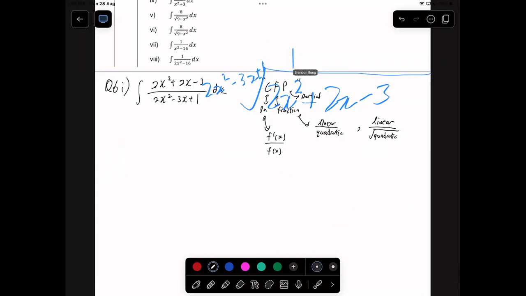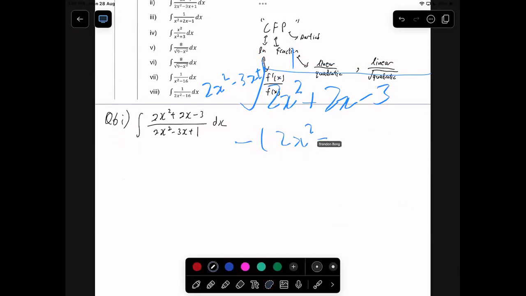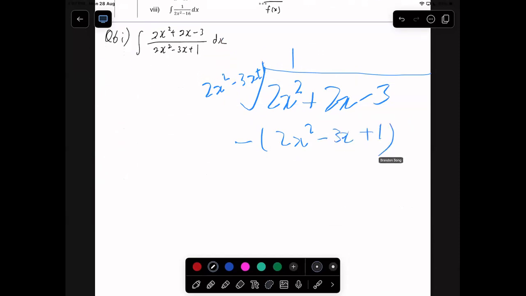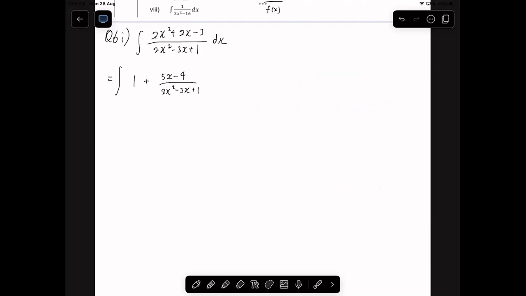So let me move this up. Okay. 1 plus 5x minus 4 over 2x squared minus 3x plus 1.